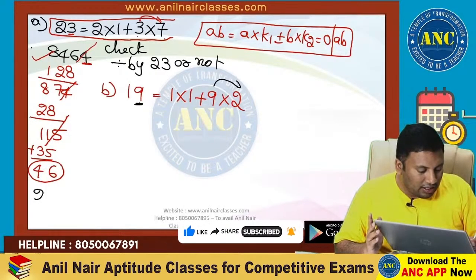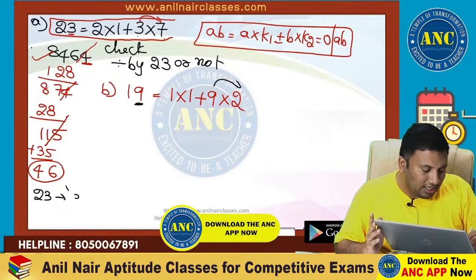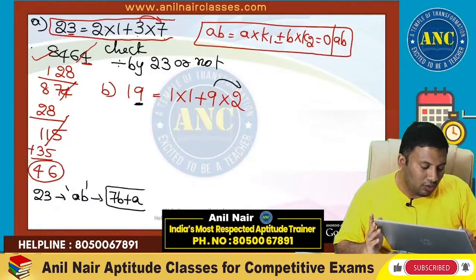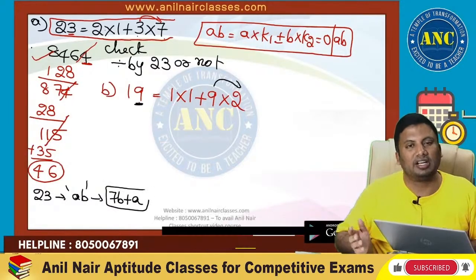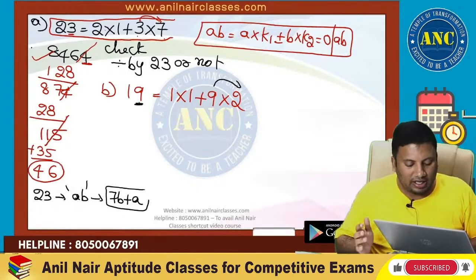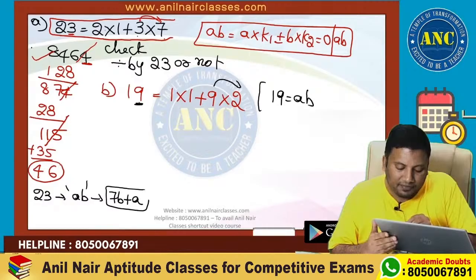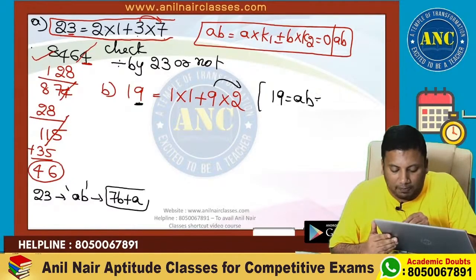Now 23 is a 2-digit number AB. What is the divisibility rule? 7B plus A. Are you all with me? 7 3s are 21, 21 plus 2 is 23. Here, for 19, a 2-digit number, the unit digit is multiplied by 2.